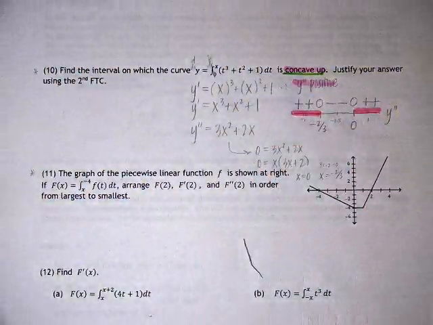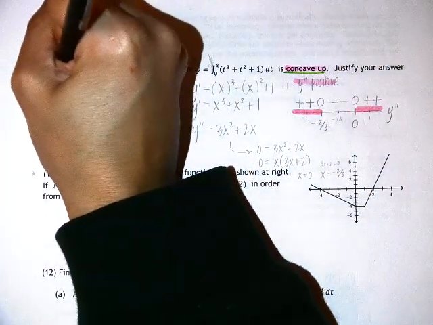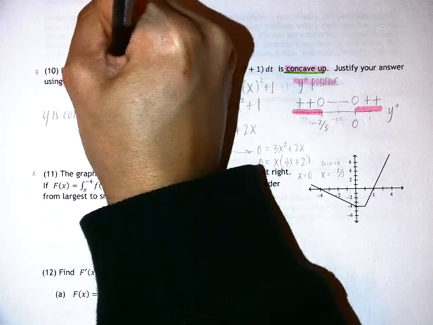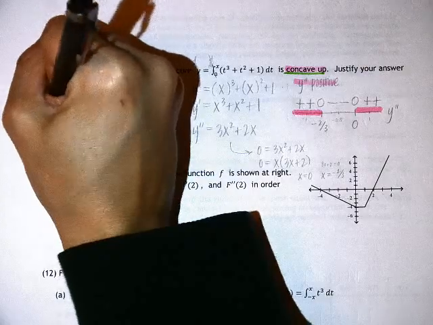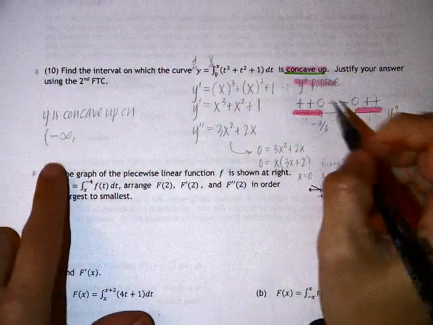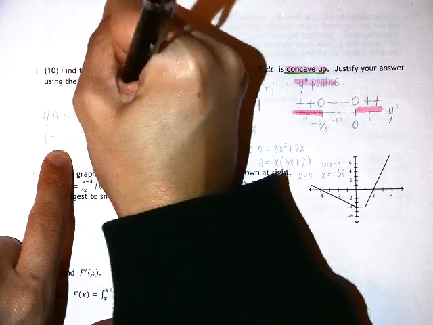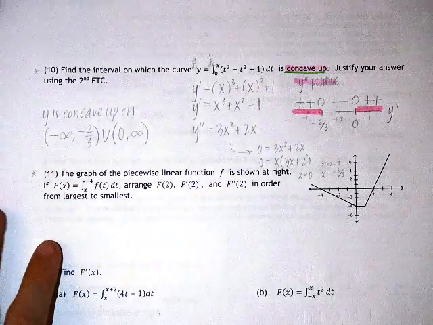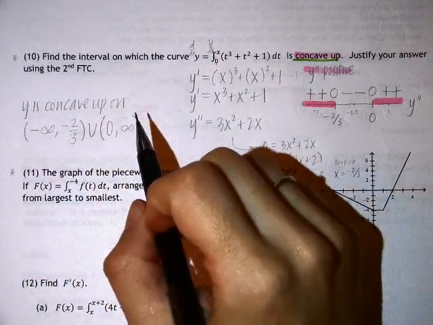It's based on the double prime, but the function or the curve is concave up, so y is concave up on the intervals, and I'm going to write these intervals, negative infinity, because I didn't have a left endpoint, to negative 2/3 in union with 0 to infinity. That appears to be the only information that I can conclude.